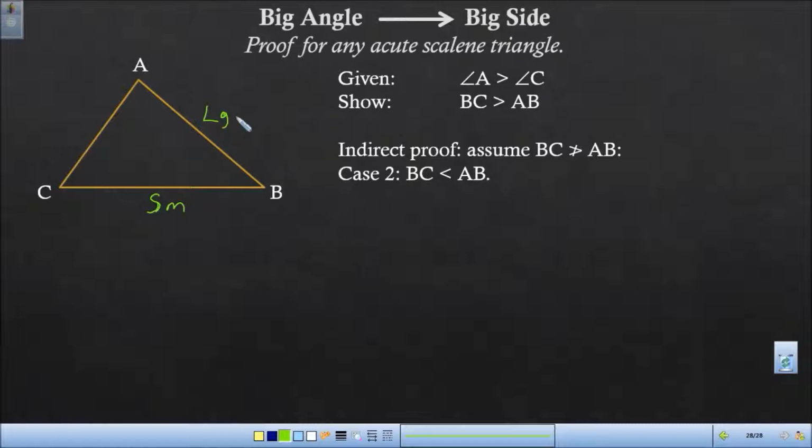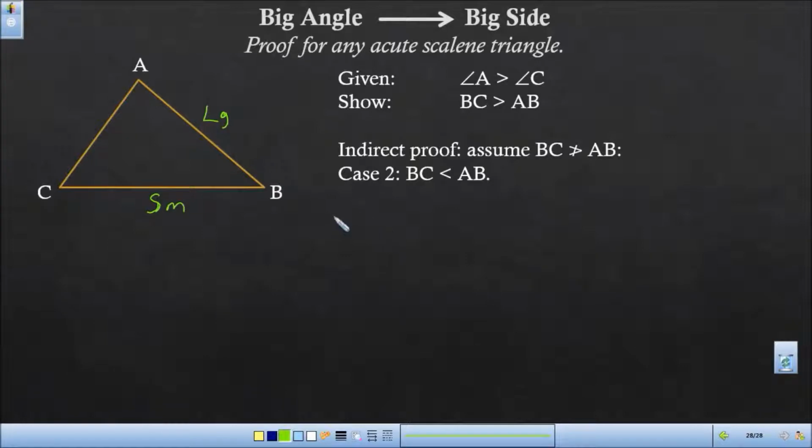All right, now, we've already proven the big side, big angle theorem. So if AB, I wrote that backwards, didn't I? Oh, no, I didn't. We're good.